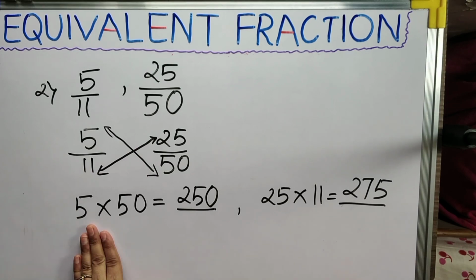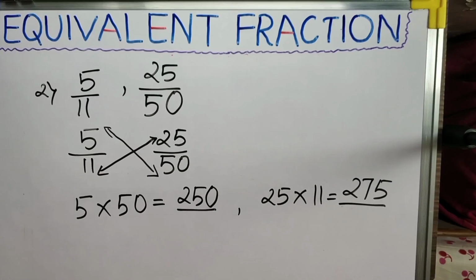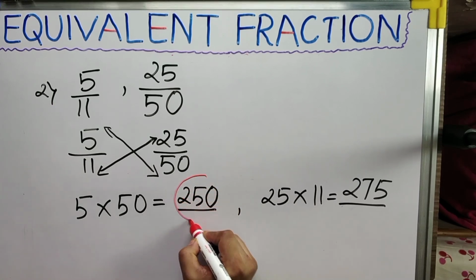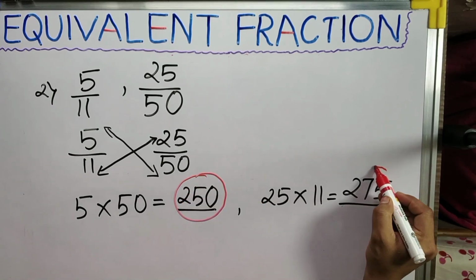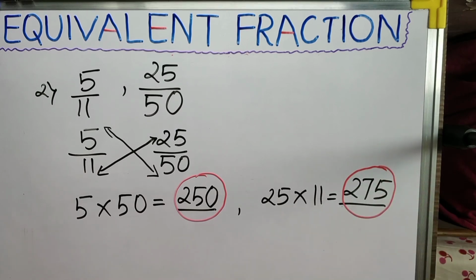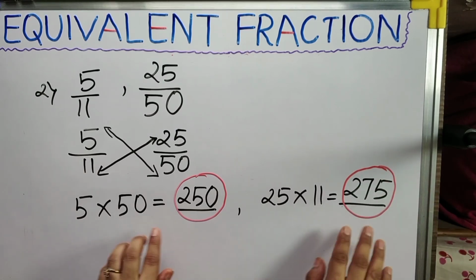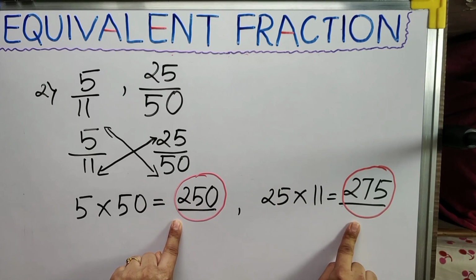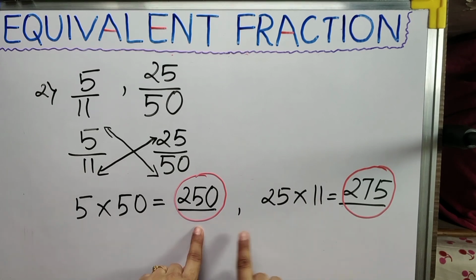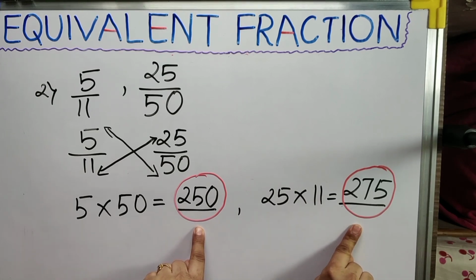See children, by now you have to be thorough with your tables. So the answer we found here is 250 and the answer we found here is 275. So as we can see, the products of both these terms are not equal. In the previous example, the products were equal, so they were equivalent fractions. But over here, the products are not equal.